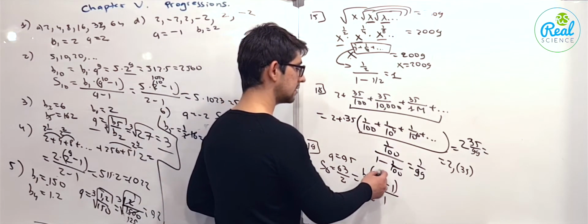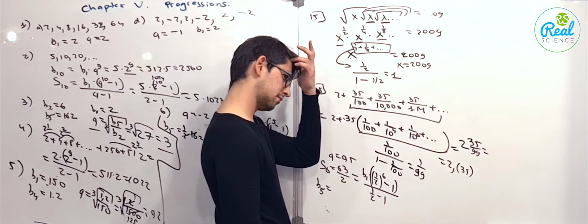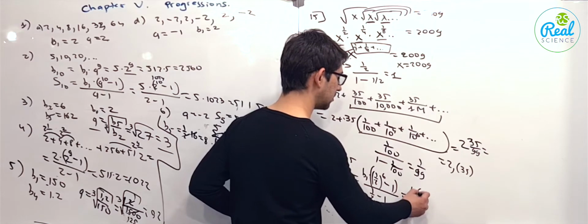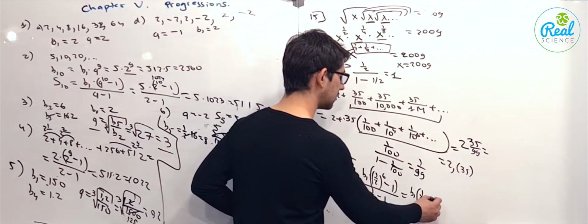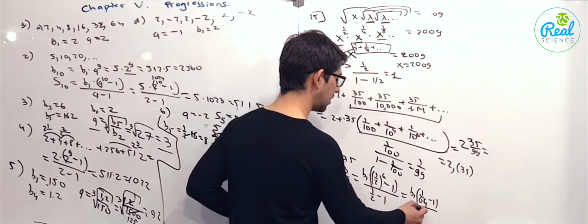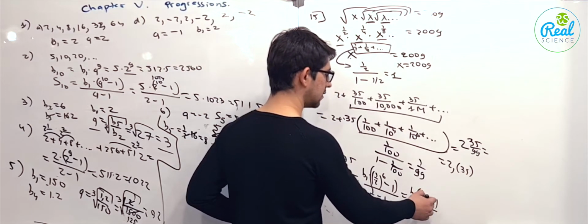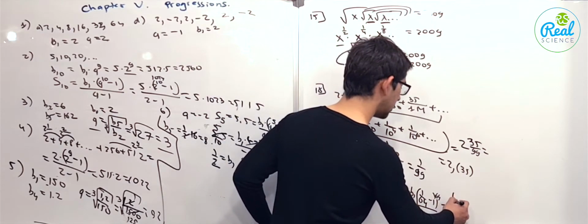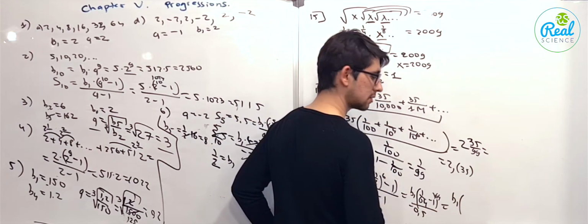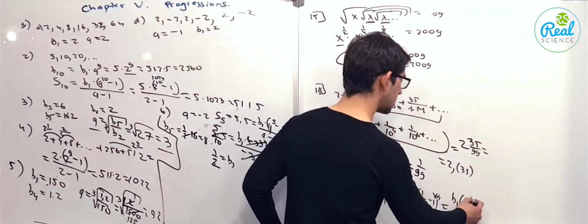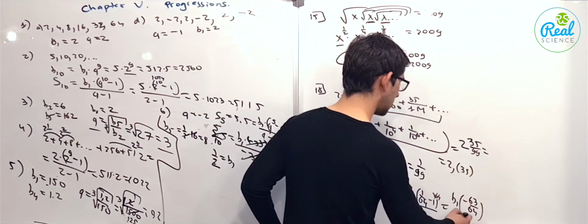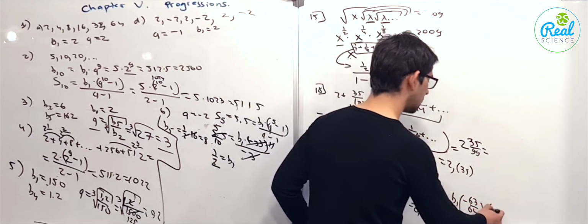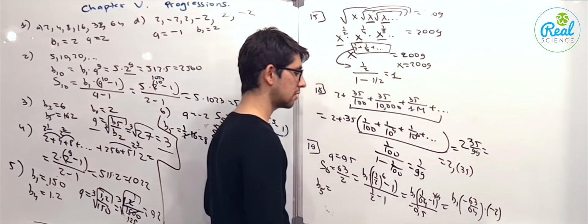1 over 2 to the power of 6, can you tell me the result? So it's equal to b1 times 1 over 64 minus 1, divided by half, right? With a negative sign. And here you give a common denominator, 64, and you get b1 times minus 63 divided by 64, over minus 0.5. So it means minus 1 over 2. If you inverse the number, it will be minus 2, right?